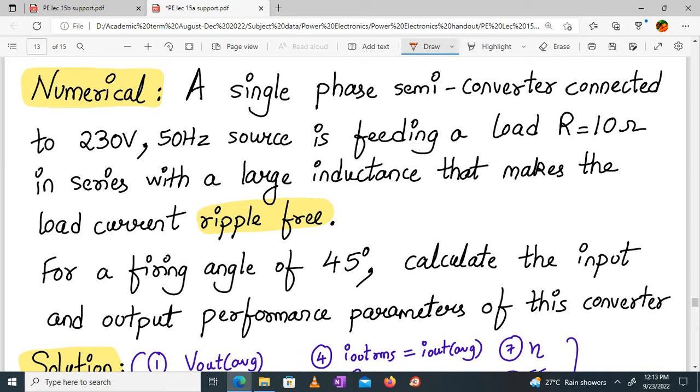For a firing angle of 45 degrees, calculate input and output performance parameters of this converter. Those who are not writing, please write.